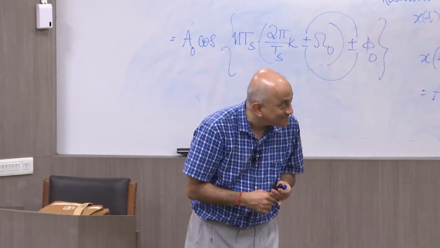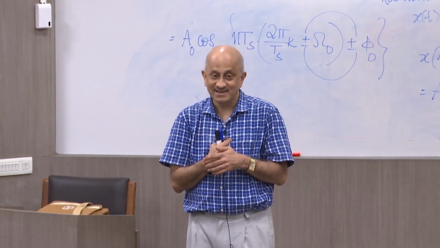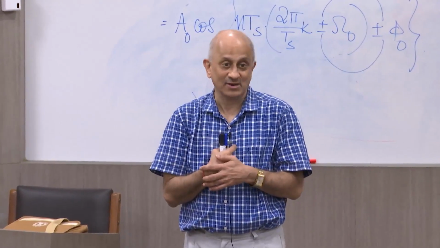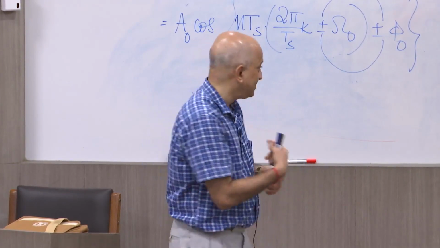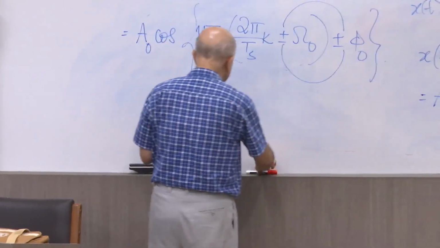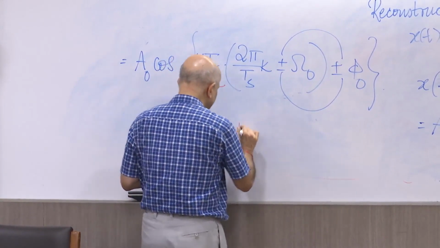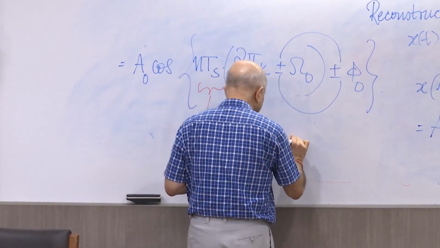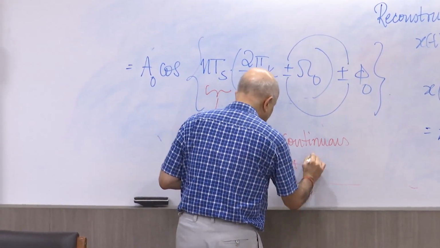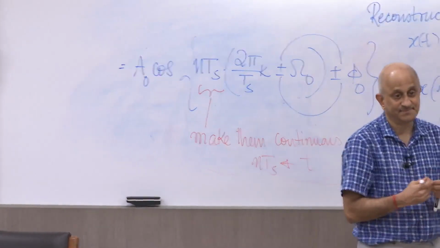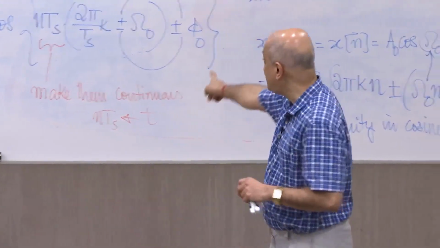Now, when we meet again, I would like you to think: what happens when we add all these sinusoids, all these sinusoids with these frequencies? Here, of course, I have taken samples. But if I took the continuous sinusoids, that means replace nts back with the t with which you started. Suppose you added all these continuous sinusoids with these frequencies.